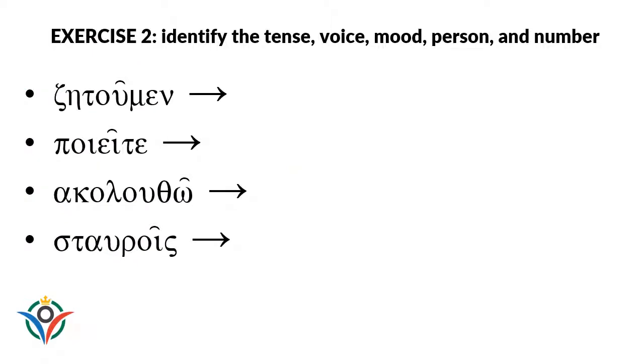In the second exercise, I'd like to do some parsing work with you, where we identify the tense, the voice, the mood, the person, and the number for a verb. So let's do the first one together. So we have the verb zaomen. So we might be used to seeing the form like this.